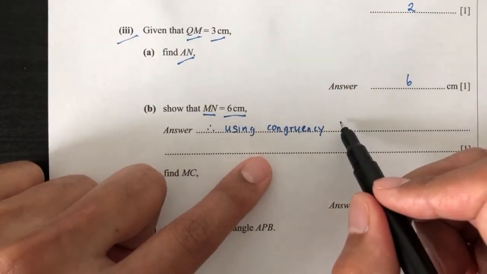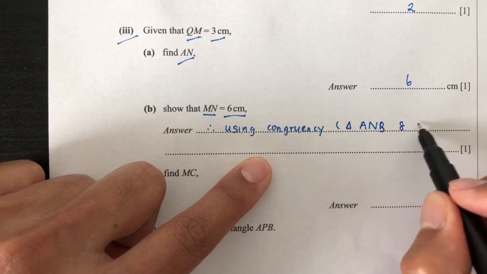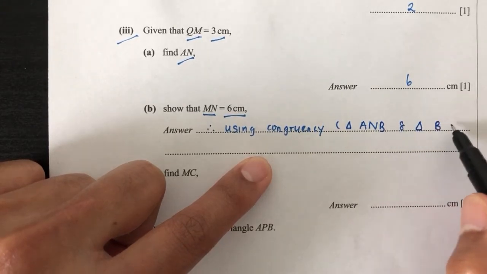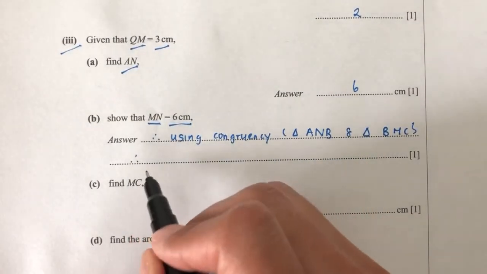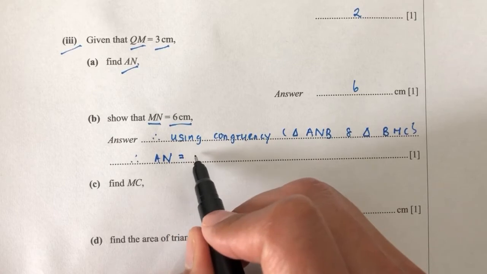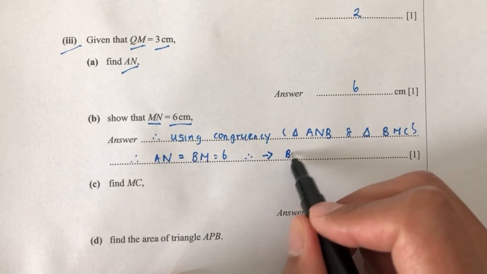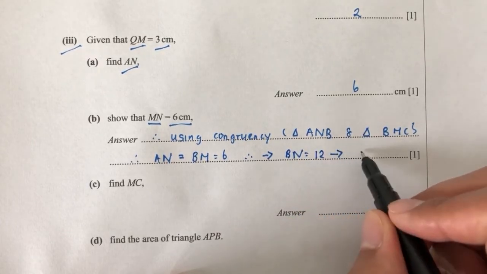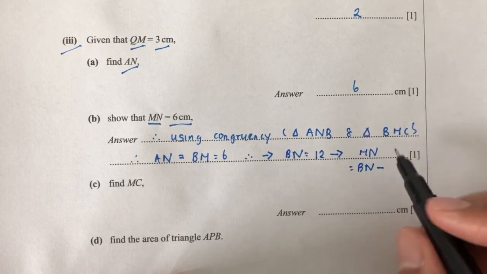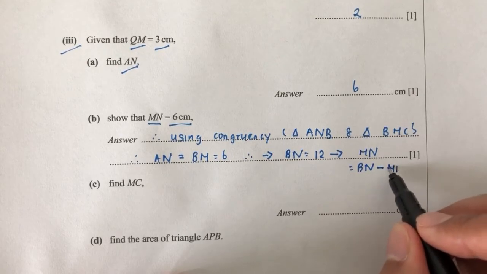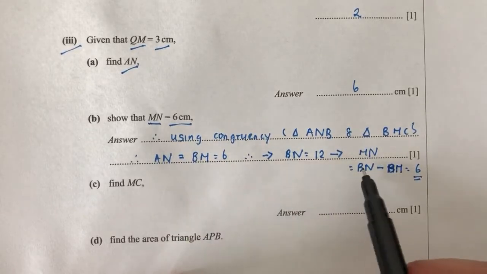So let's say triangles A and B and triangle BMC, the side AN is equal to side BM, which is 6. From this we find out that BN is 12, and from that we know MN. So MN is BN minus BM, which is 6. That's how you find out MN is 6.